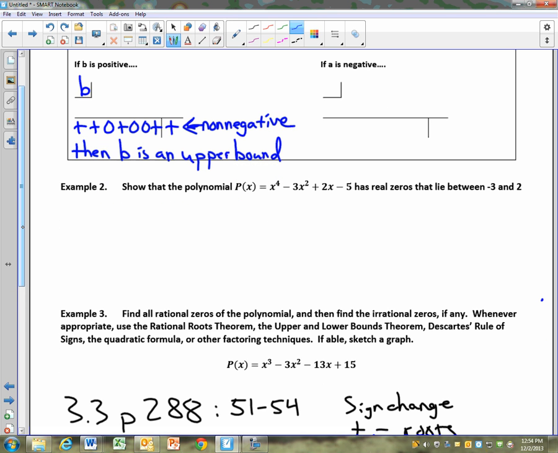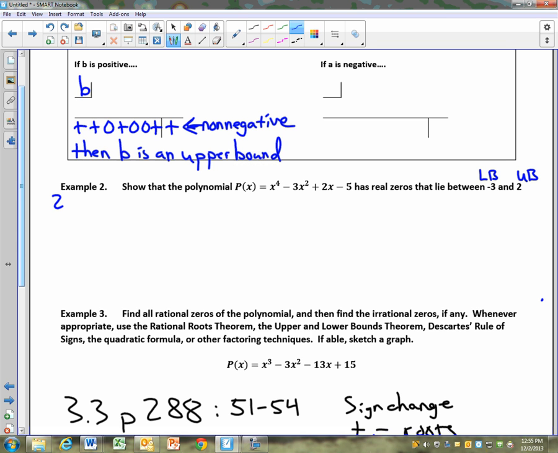So we'll do the negative 1 in a second. It says, show that this polynomial has real zeros that are between negative 3 and positive 2. That means that negative 3 is a lower bound and 2 is an upper bound. So this is what you're going to be asked to do on your test. You're simply going to be asked to do a problem like this. Show that 2 is an upper bound and negative 3 is a lower bound.